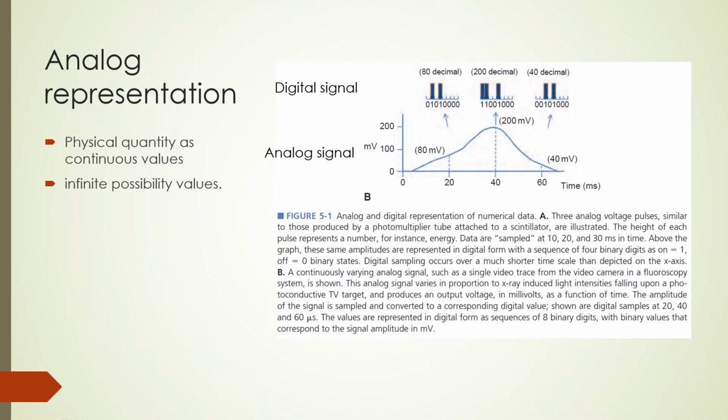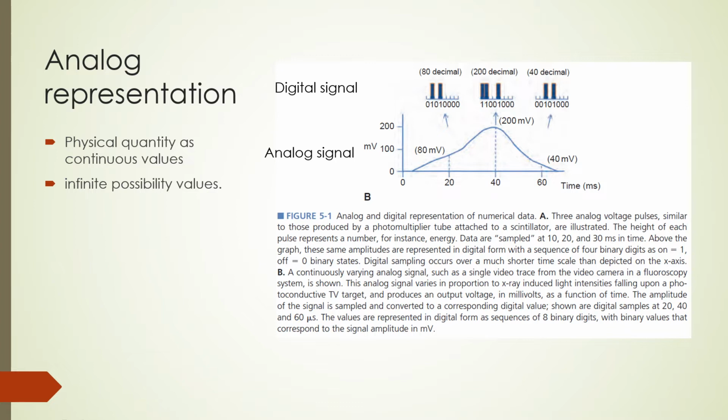Currently, in nearly all radiological imaging systems, analog information from an image receptor is converted to digital form. The information is then processed, stored, and transferred in digital form. Finally, the information is converted back to analog form for image display systems. Let's look at analog representation of information. In analog form, information is represented by a physical quantity whose allowed values are continuous in space and time.